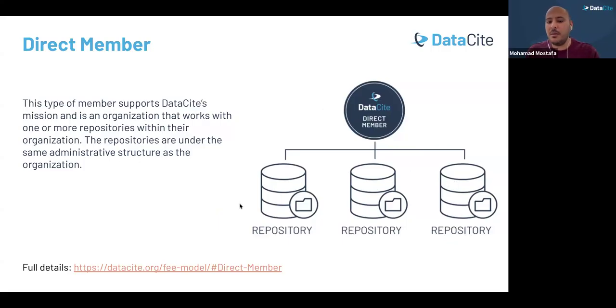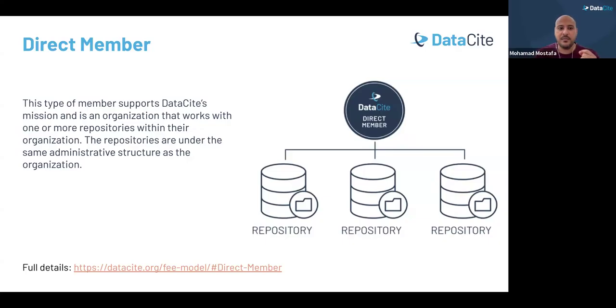Let's assume they have a general repository where they are publishing software, dissertations, and reports, and maybe they also have a specialized data repository to disseminate research data sets. If they have another ETD repository, or a publishing platform to publish academic journals, they can connect all of these different systems and repositories with DataCite direct membership and register DOIs for these outputs.